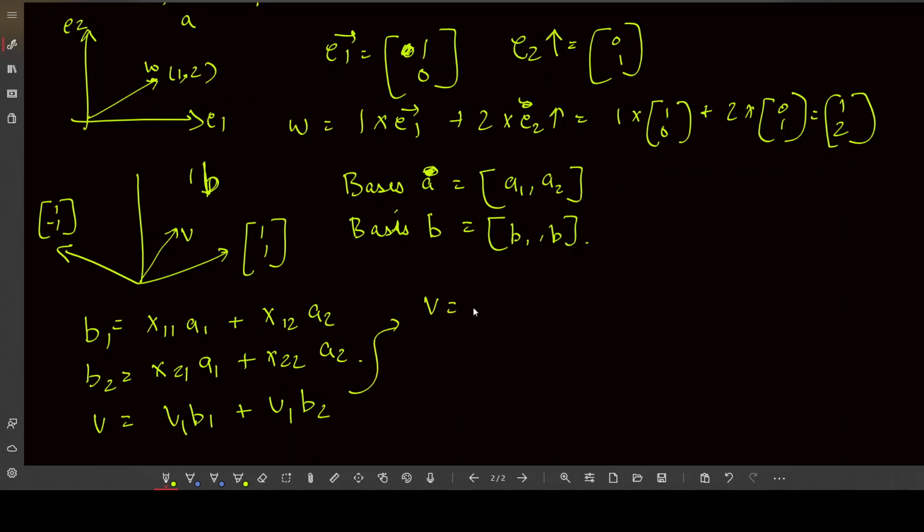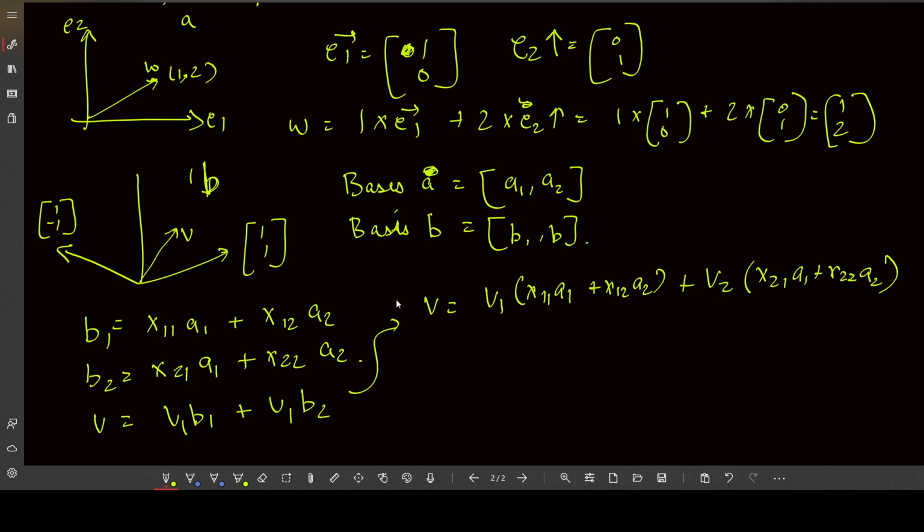I'm going to write V as equal to V1 times (x11 A1 plus x12 A2) plus V2 times (x21 A1 plus x22 A2). That's all I've done. I've just taken this from here and substituted the values of B1 and B2 over here, right?